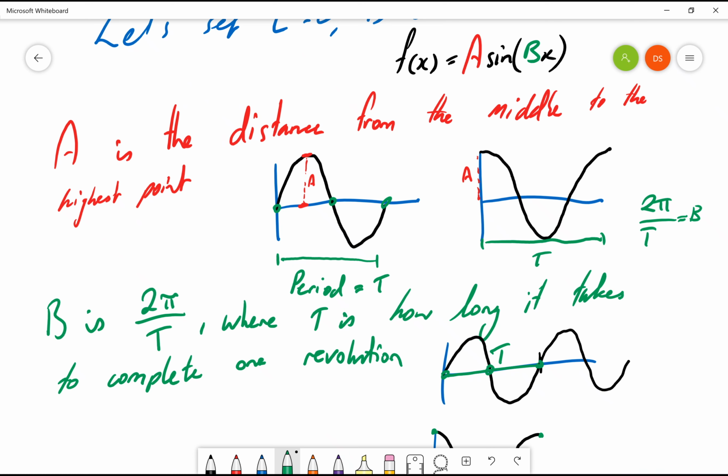How do you know when to use a sine or a cosine? Well, typically you'd use a sine curve when it starts at the middle and goes up, then goes down, then goes back up.